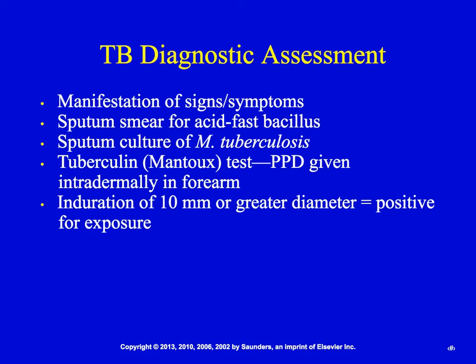Screening this way with the PPD test is recommended by the CDC for people with or at high risk for HIV infection, close contacts of people who have or are suspected of having infectious TB, people with medical risk factors such as chronic malabsorption, end-stage renal failure, diabetes, immunosuppression, and things like that. People born in countries with a high incidence of TB should be screened.